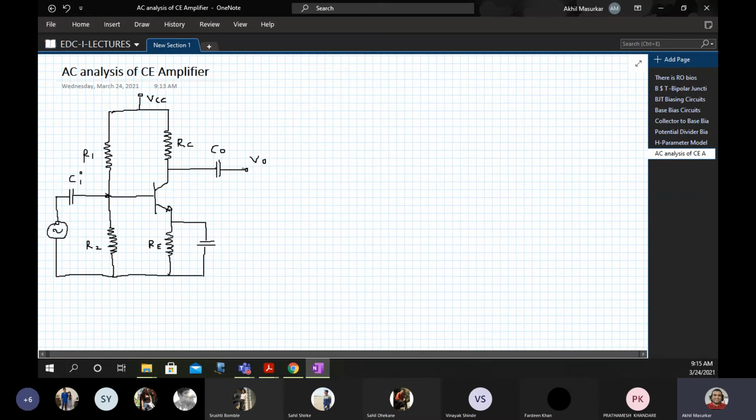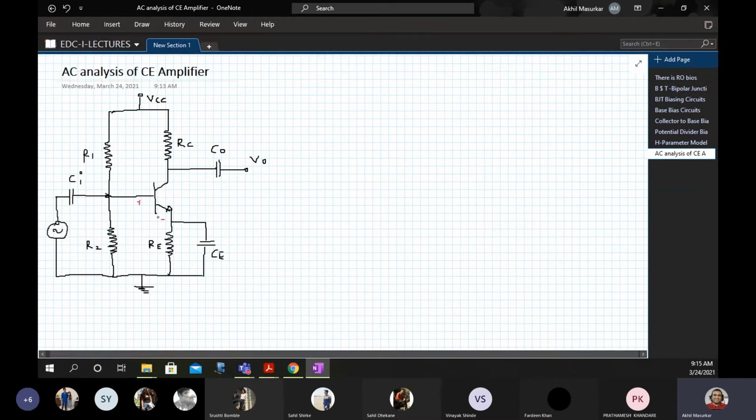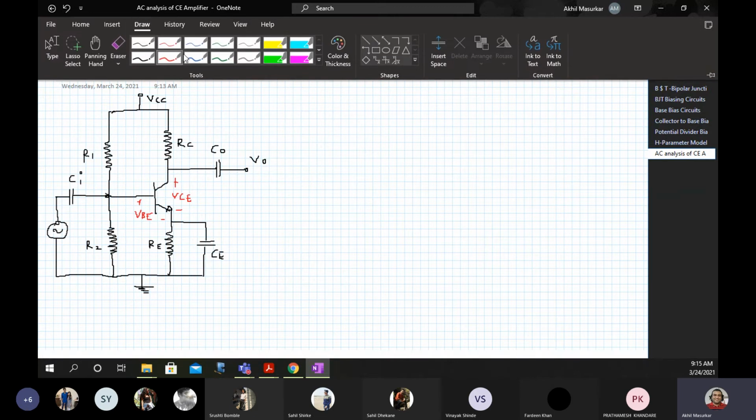Now it is important to note that C0 is an output DC blocking capacitor, and CE is called a bypass capacitor. So let us name plus minus VBE, plus minus VCE, and show the currents.